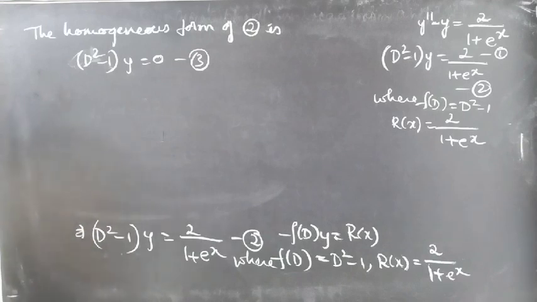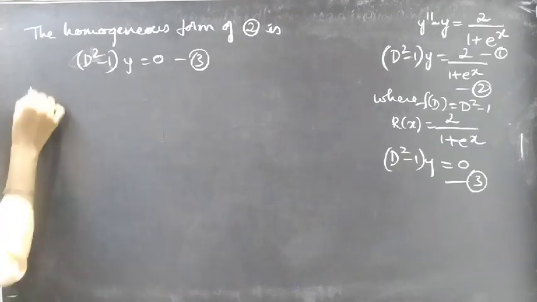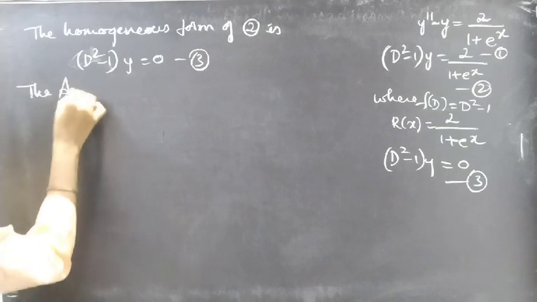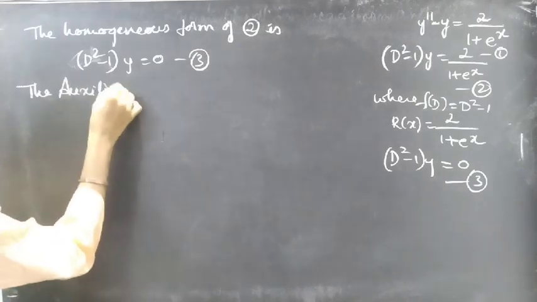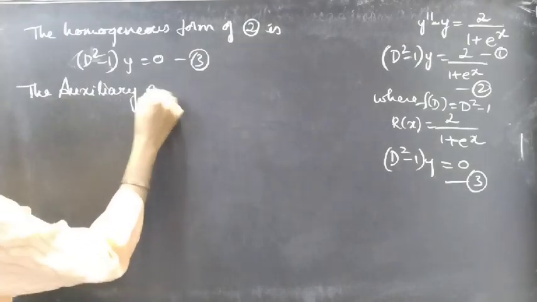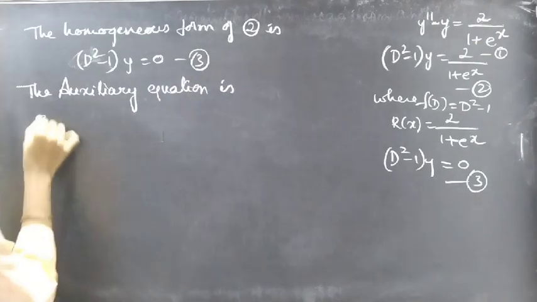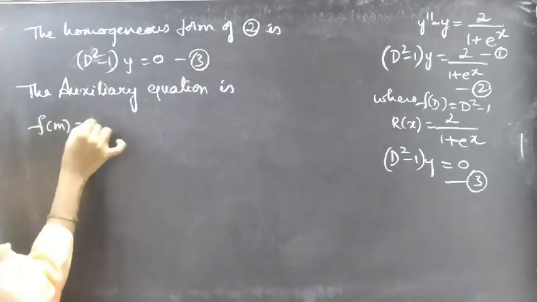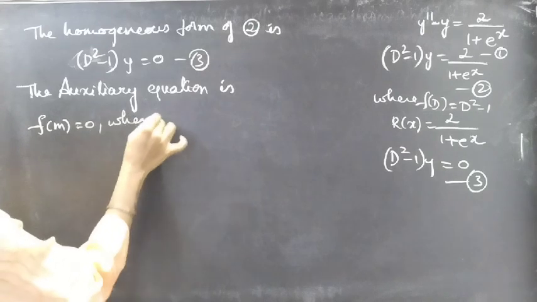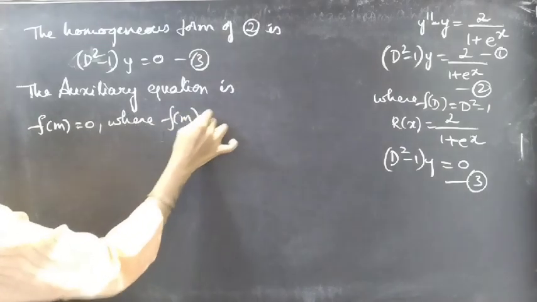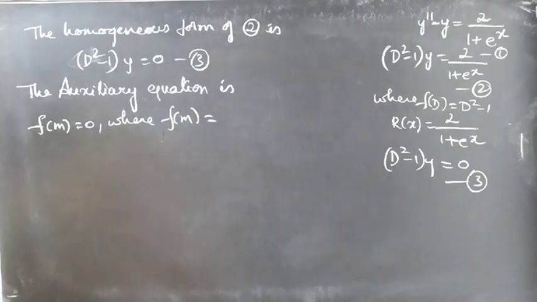Okay, let's begin with the auxiliary equation now. The auxiliary equation is f of m equal to 0, where f of m equal to, we have f of d, d square minus 1.